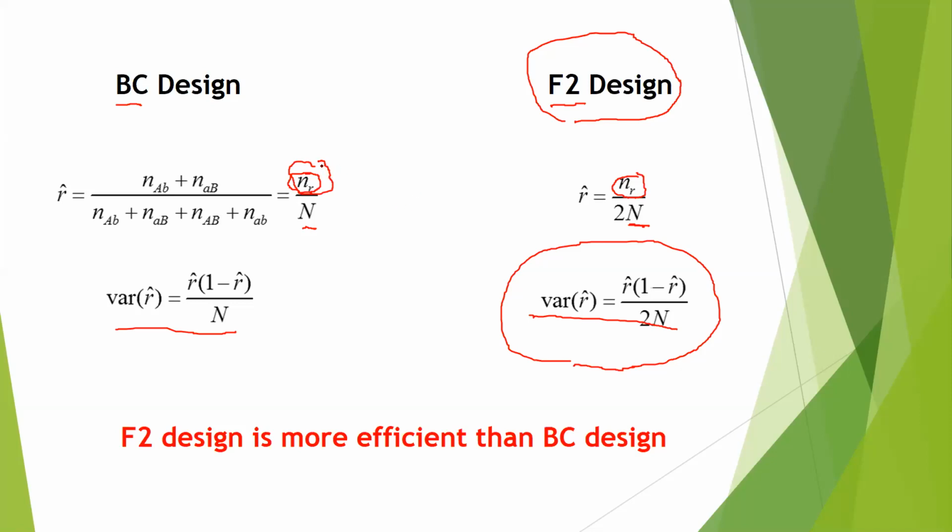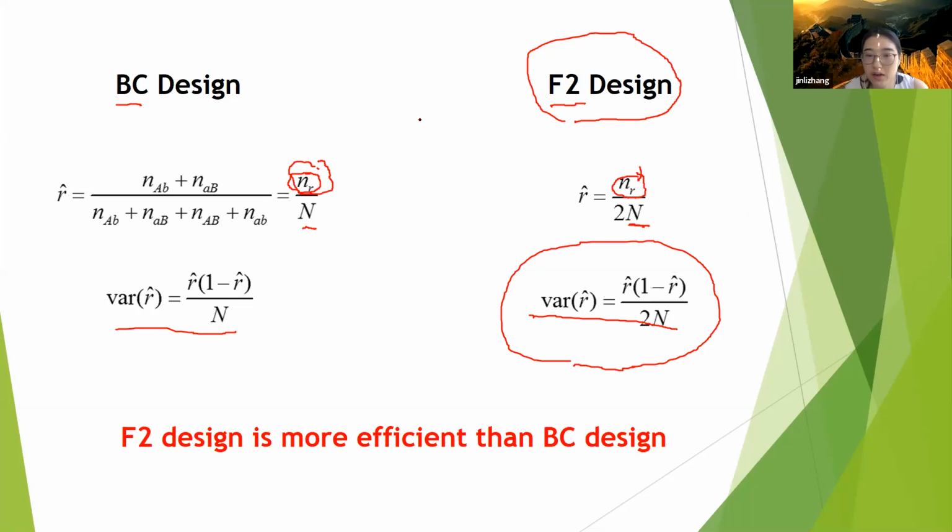For simplicity I just use NR, but probably I need to use NR prime here. Those two are different. But here we're talking about the same sample size, big N is the same.